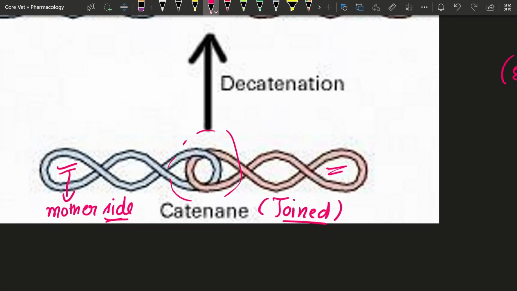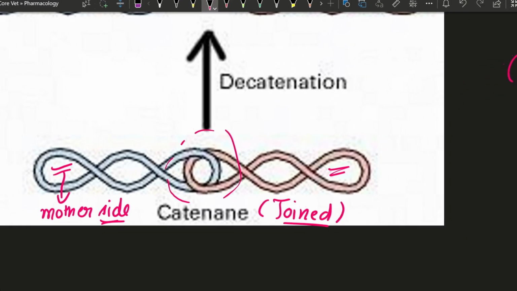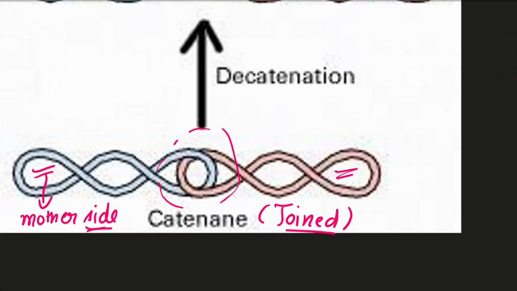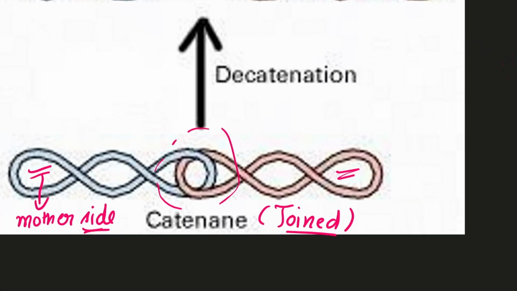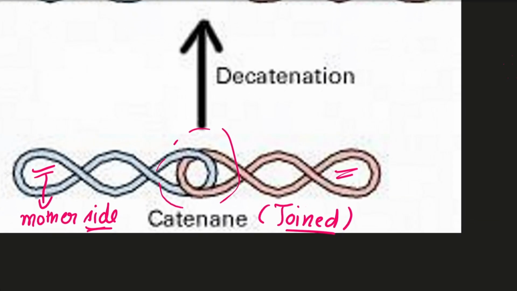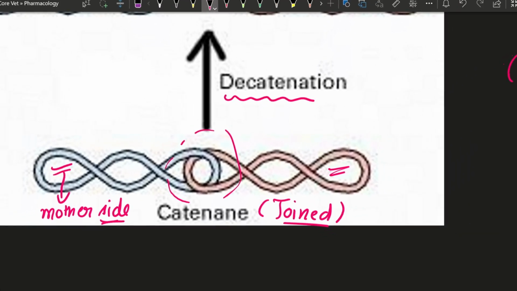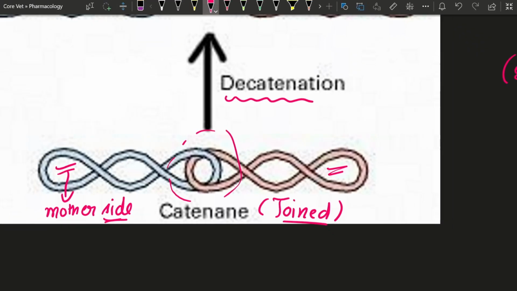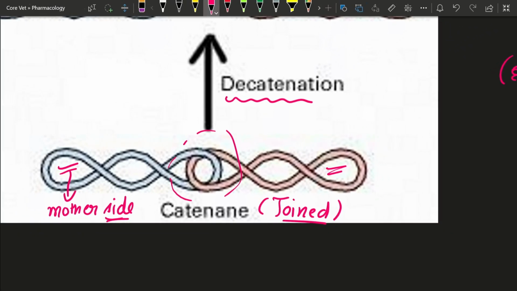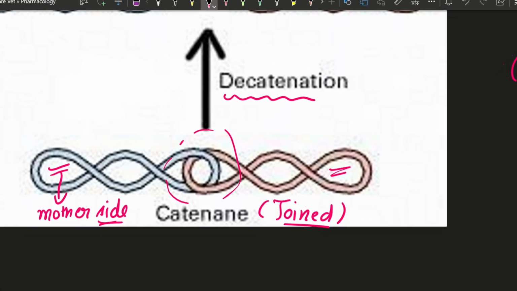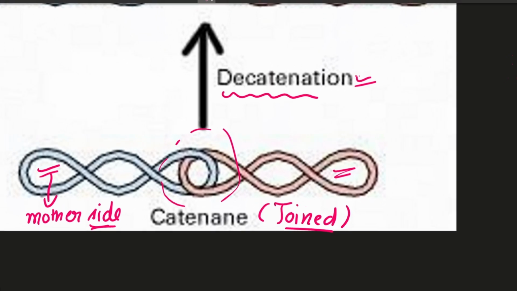Obviously these two DNA should be separated in order to divide them into the two daughter bacterial cells, and that process is known as decatenation. It means separating the two DNA from each other in order to equally distribute the DNA content into the daughter bacterial cells.